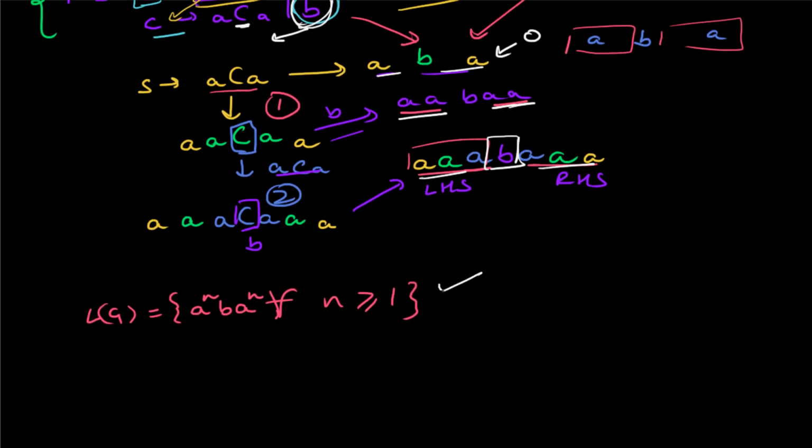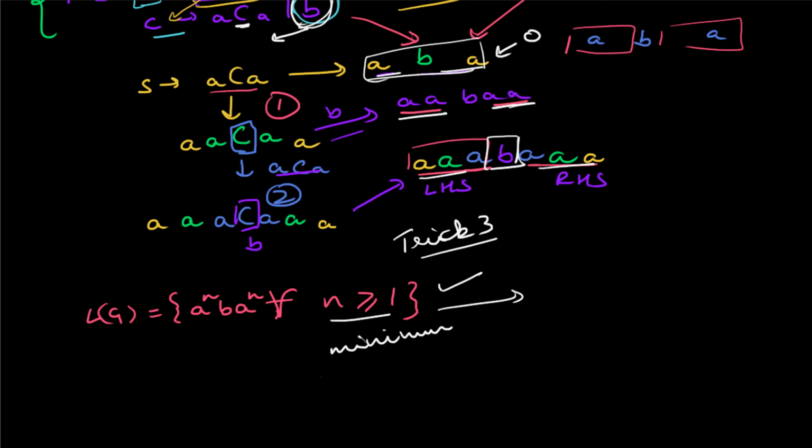It's totally right. And this time we see that the shortest possible string is ABA, so if you just replace this n by 1. This is actually trick 3. If you are confused whether this is the right answer or not, this says n is greater than or equal to 1, which means the minimum possible value for n is 1.